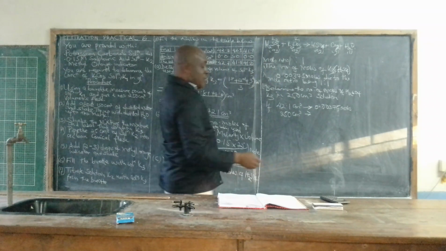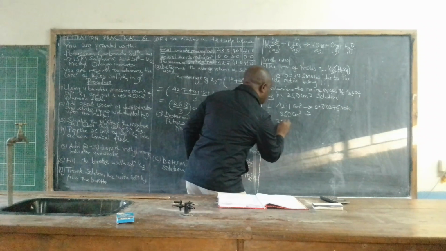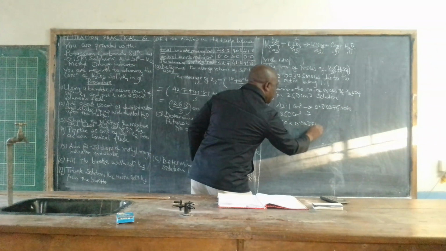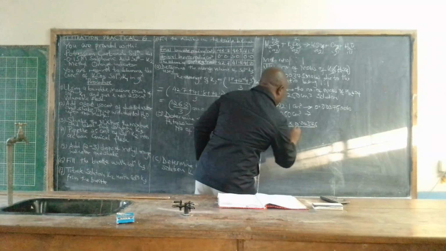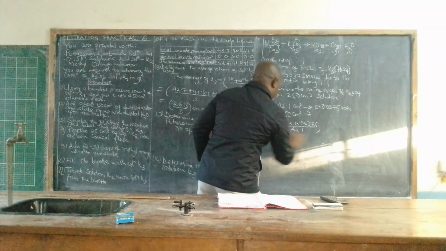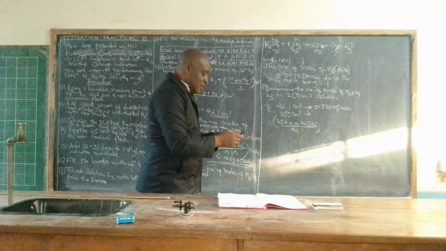How much is it going to give us? So we just cross multiply, so that we get 250 times 0.00375 over 42.1, like that.